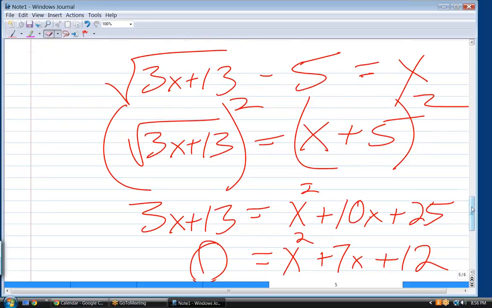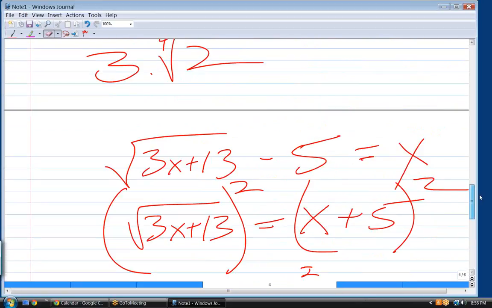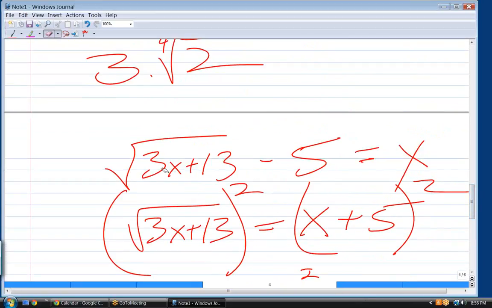Okay, so the way we check that is we plug in each one and see if it makes sense. Well, if I plug in minus 4, what is inside this radical sign? Inside that is going to end up being plus 1. Okay, 1 minus 5 is minus 4. That was a solution. So minus 4 is a valid solution. So that one works. How about minus 3?